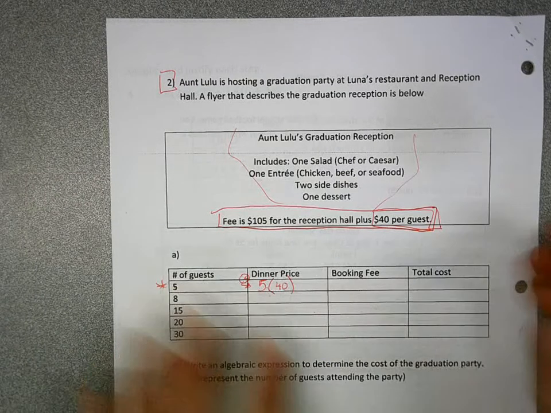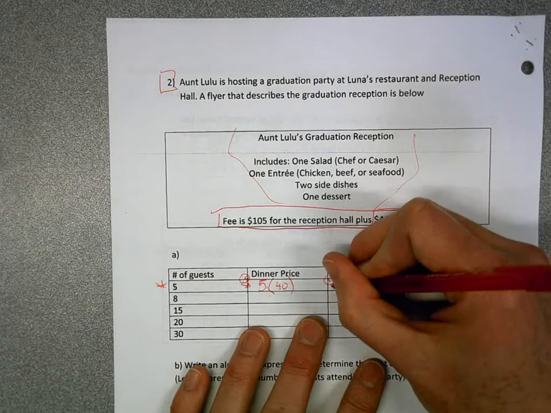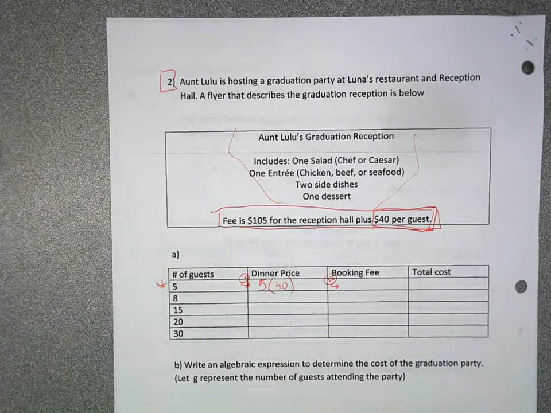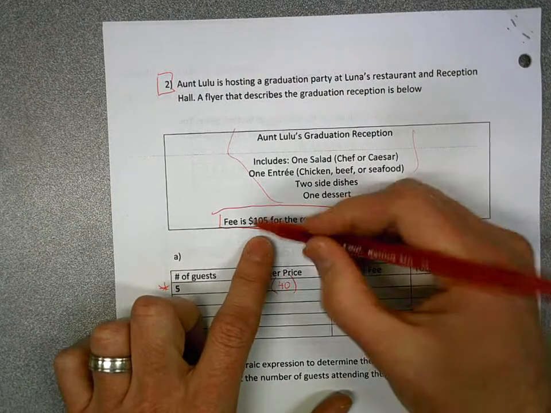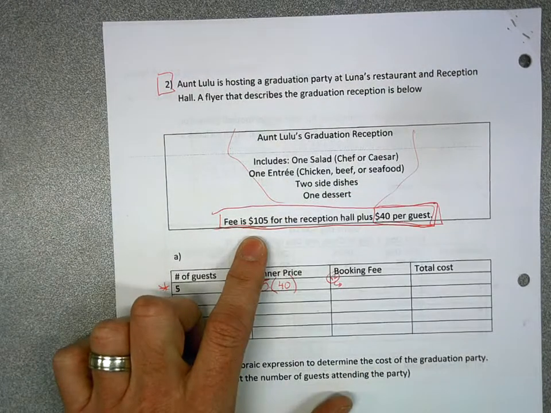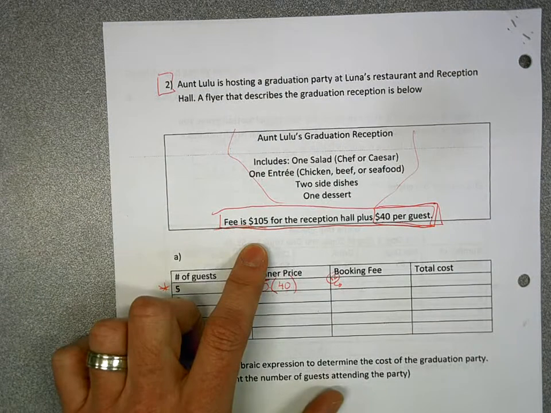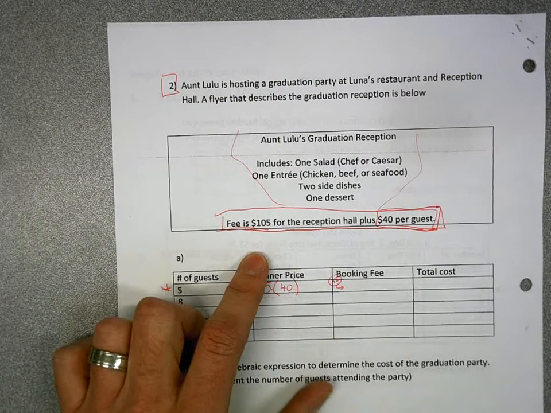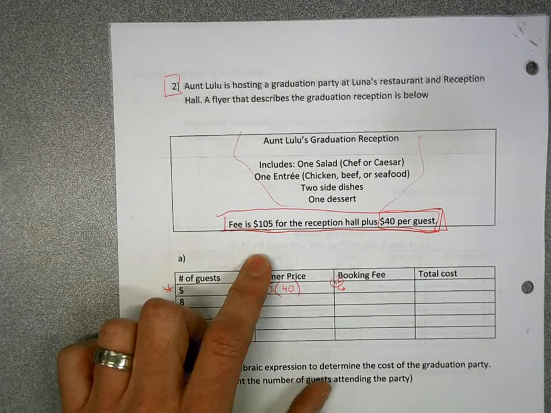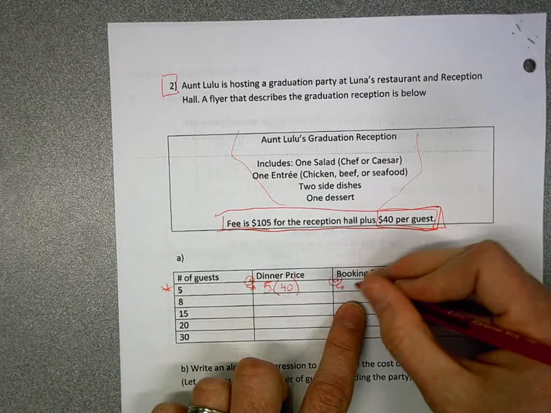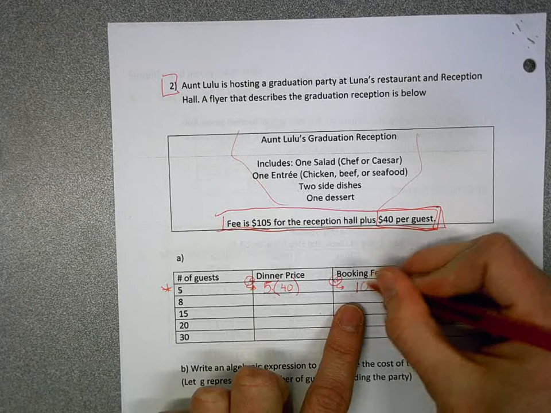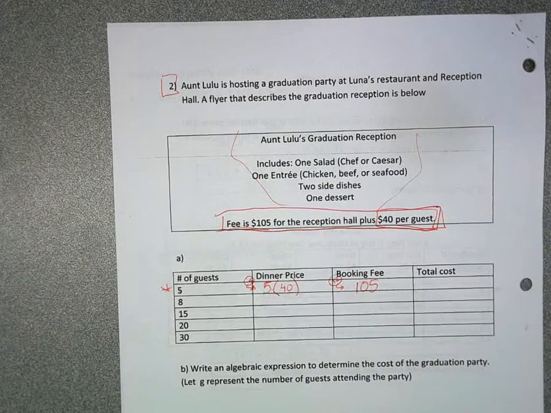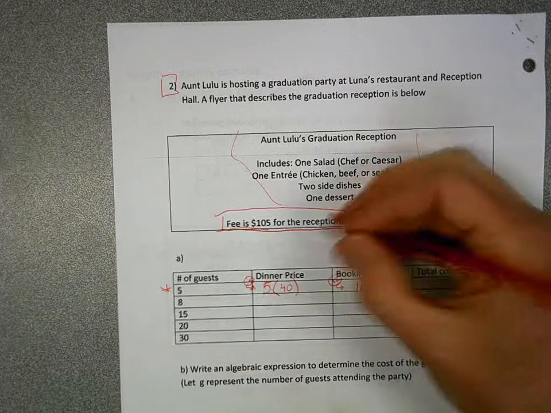Now, step 2 is the booking fee. The booking fee is a one-time fee for the hall. It doesn't matter how many people show up for her to rent the hall. It's $105 up front, a flat fee. That means I'm just recording it as $105. Now, step 3.